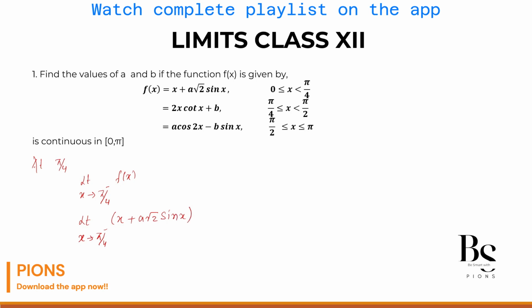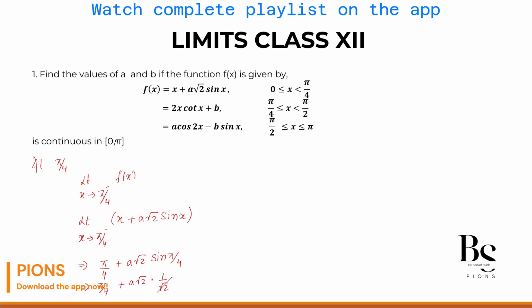Now what will you do? You will place pi by 4 in place of x. You have to substitute the same thing. So when you substitute pi by 4, it will be pi by 4 plus a root 2 into sin pi by 4. Sir, what is sin pi by 4? Sin pi by 4 is 1 by root 2. So this will be pi by 4 plus a root 2 into 1 by root 2.